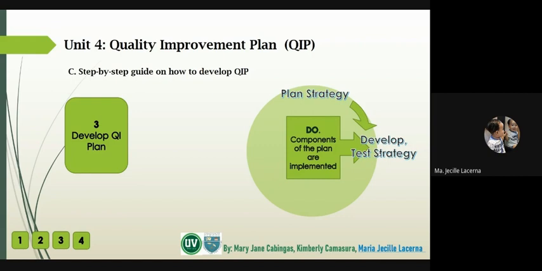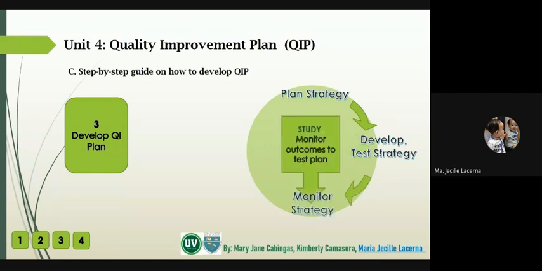The components of the plan are implemented, and then they monitor the new strategies that they have developed. So this is a study. This step involves monitoring outcomes to test the validity of the plan for signs of progress and success, or problems and areas for improvement. Coupled with some test results and some assessment, this will help you on which other parts to improve.